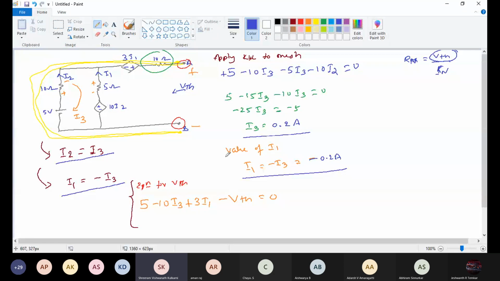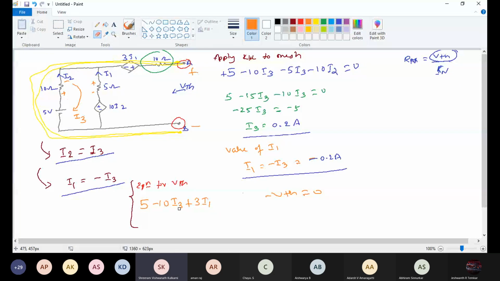So if I consider this one, there is no current, in the sense that if this I is zero, then the voltage drop, 10 into current, is 0 because of the open circuit, minus VTH equals to 0. So I didn't consider this.